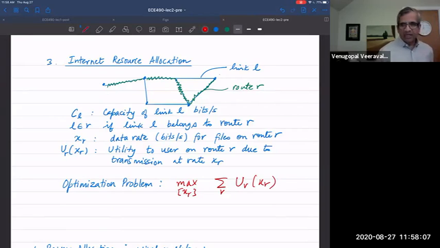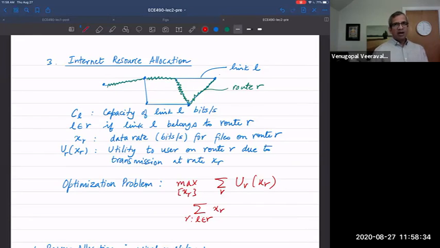Okay, but there are constraints, because if I look at XR, every link that's used in a route can only accommodate a certain maximum capacity.